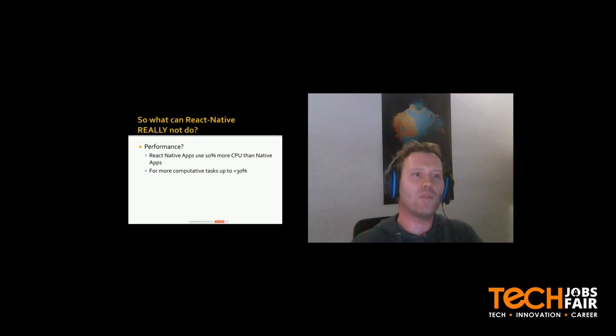React Native is 10% slower than native apps written in Xcode or in Java. And when you create more computational tasks, it takes up to 30% more CPU usage.